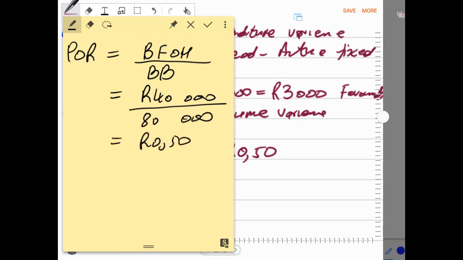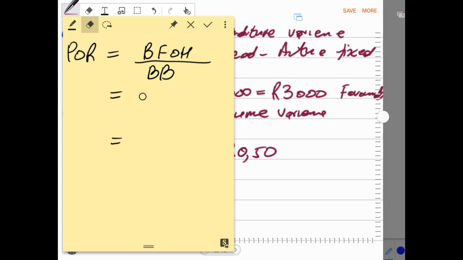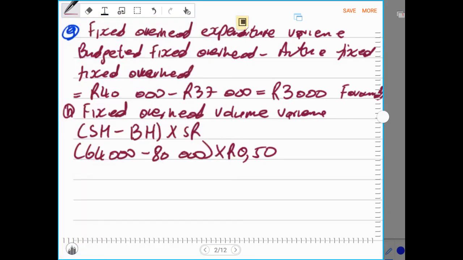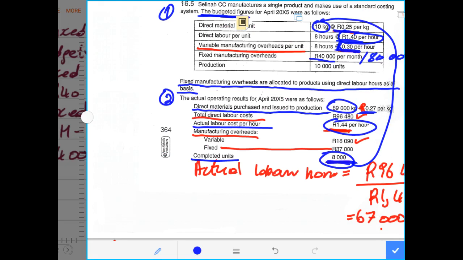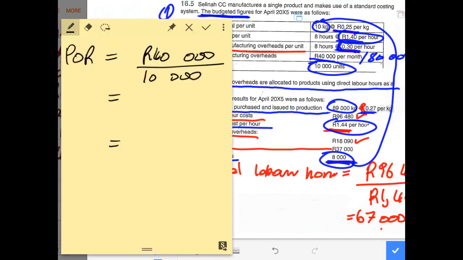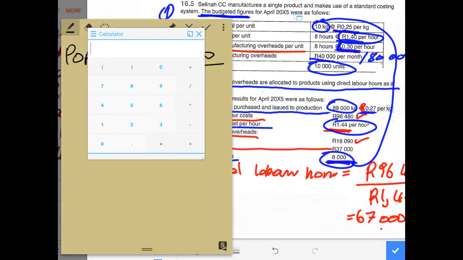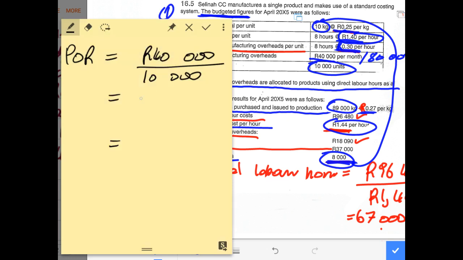I want to put more emphasis here because this is very, very crucial. Let us say you had used the budgeted cost of 40,000 divided by 10,000 units, which is the budgeted units, because we are already given our budgeted units. Remember, 40,000 rand divided by budgeted units will give you 4 rand per unit.